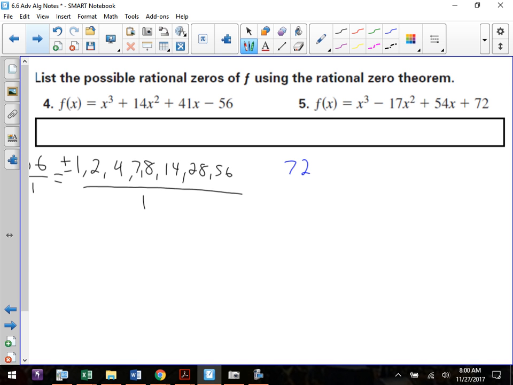All I'm doing is listing possible zeros. We'll get to what you do with them. We're taking baby steps. Like I said, I wanted to slow it down just a smidge because I know we had a little bit of time this week. Okay.